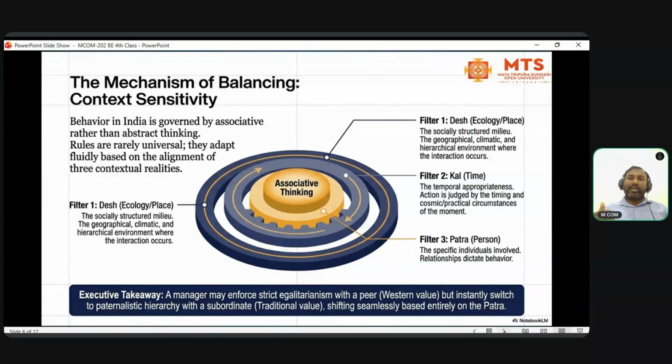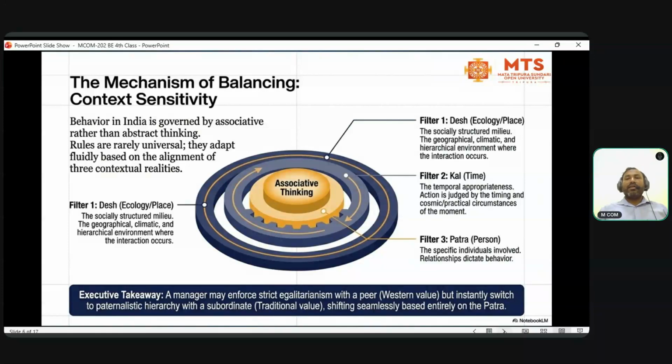First is Desh, second is Kal, the time, the temporal appropriateness: action is judged by the timing and practical circumstances of the moment. And filter 3, Patra, the person: the specific individuals involved, and relationships dictate behavior.